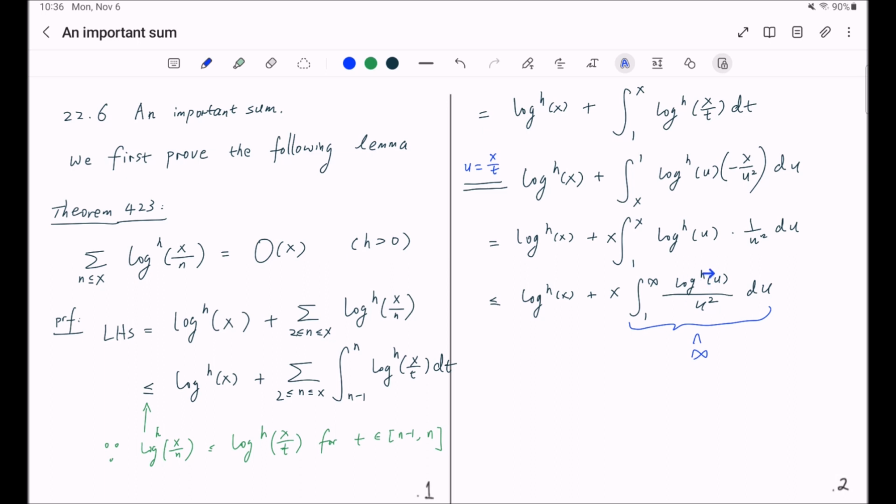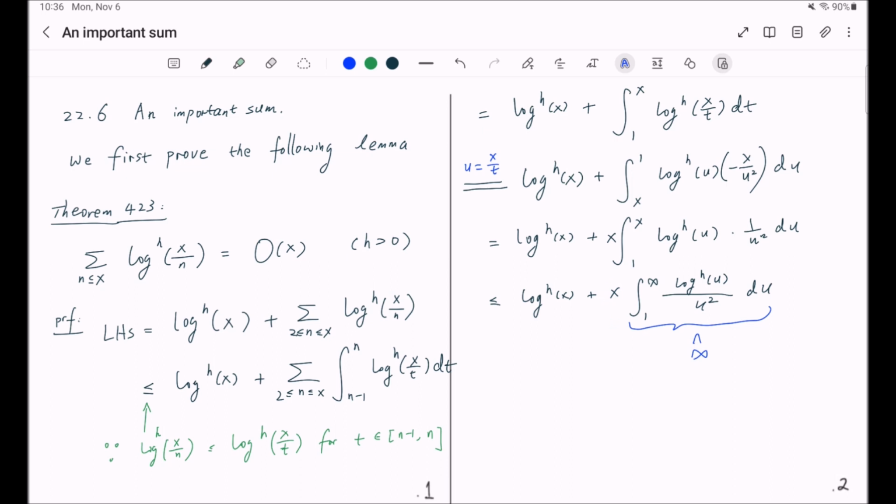So this guy will be bounded by 1 over u to some delta with delta bigger than 1. So by the p-test, you will see that this integral is finite. Yeah, this is from calculus. And we factor out this x.